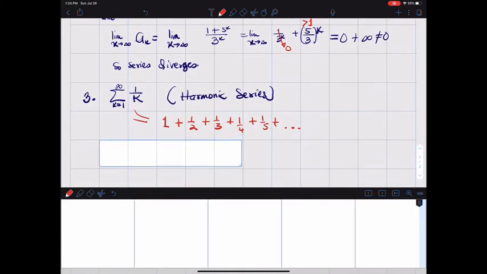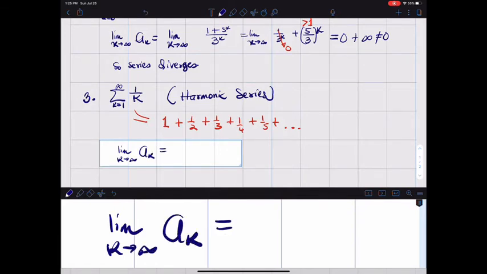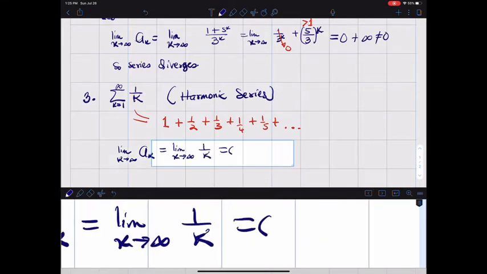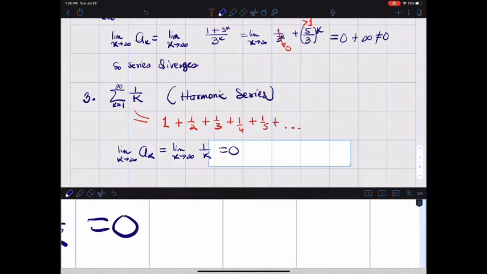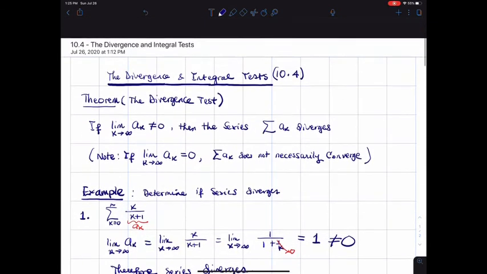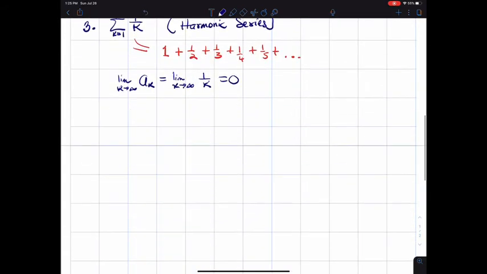Okay. So let's look at this. If we check the test, the limit as k goes to infinity of a_k is the limit as k goes to infinity of 1 over k, and this is 0. So what does our test say? Our test says that if it's not equal to 0, then we conclude that it diverges.